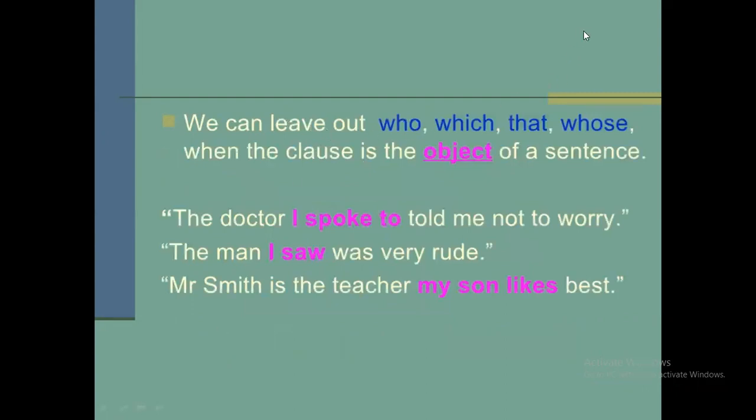we can leave out who, which, that, whose when the clause is the object of a sentence. We can leave it out if the clause is the object of a sentence. ليش؟ لأنه المعنى بيكون تم في الجملة، نقدر نستغني عنهم، نقدر ما نحطش ال relative clause which who which that، لأنه المعنى بيكون تم. هذا معنى الجملة.